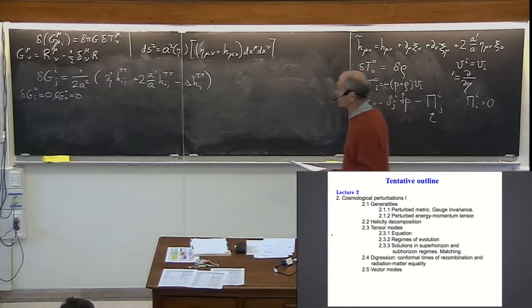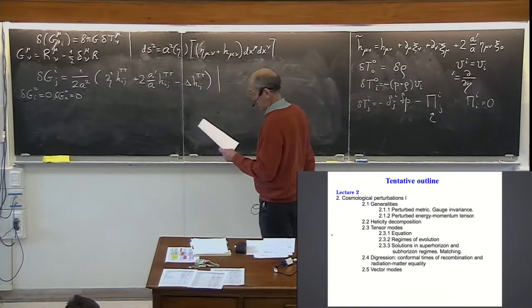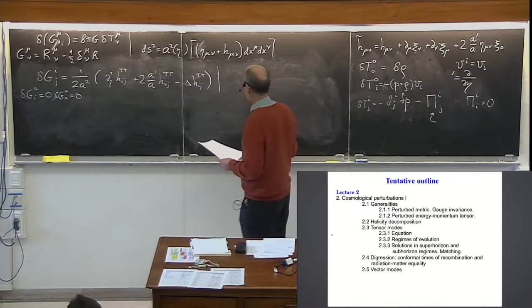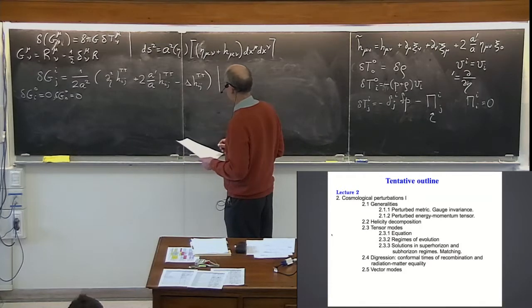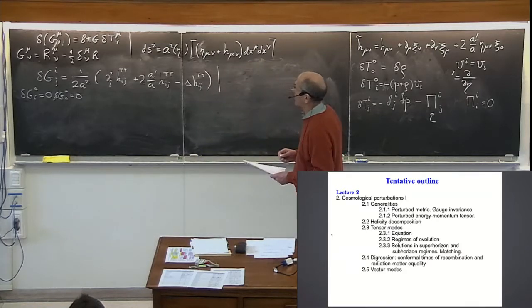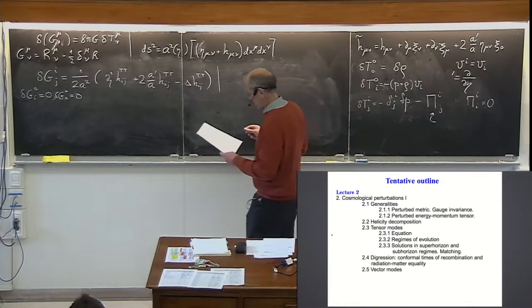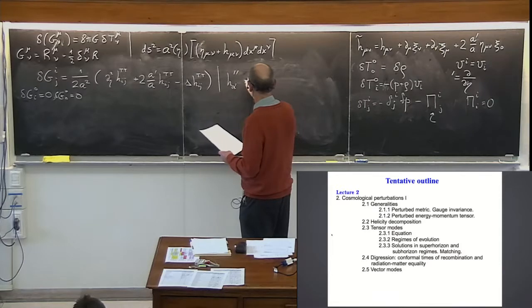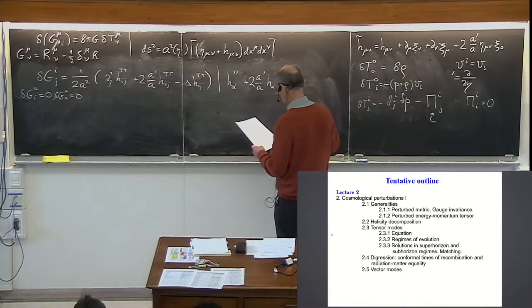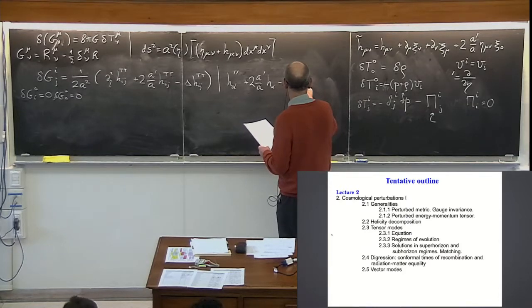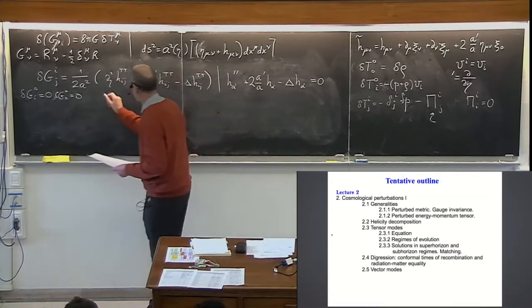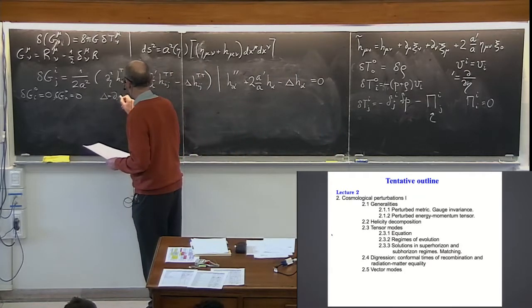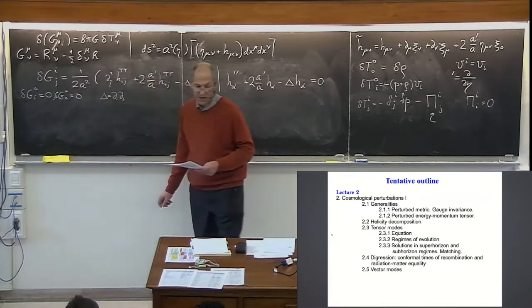So my field equation, therefore, once I decompose this into helicity plus and helicity cross, will be h_alpha double prime plus 2a prime over a h_alpha prime minus Laplacian of h_alpha, where the Laplacian is simply the Laplacian with respect to comoving coordinates x.